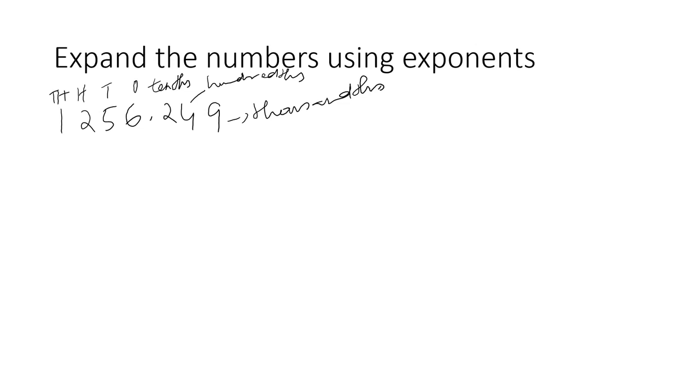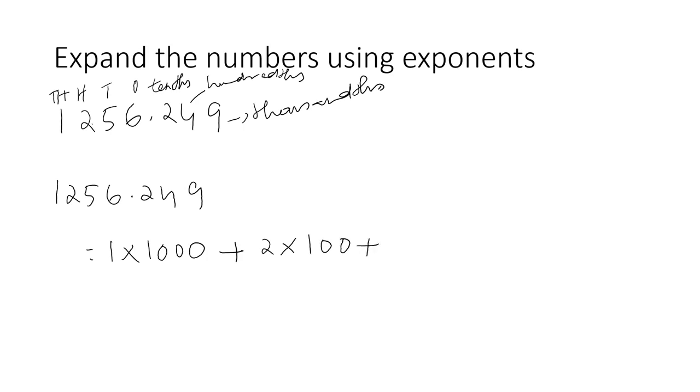Now how will you expand? 1256.249 we can write as 1 into, 1 comes under the thousands place, so into 1000, plus 2 into, 2 is coming in the hundreds place, so 100, 5 in the tens place, so into 10, and 6 into ones place is 1.